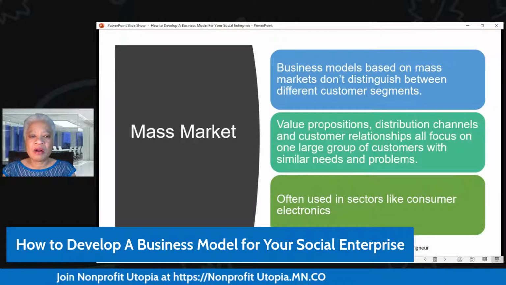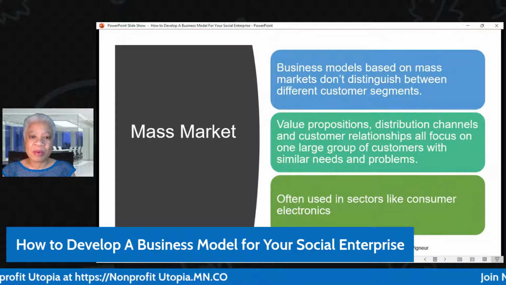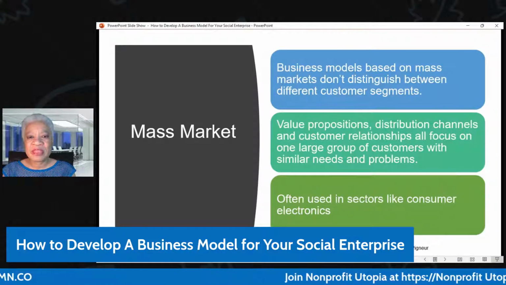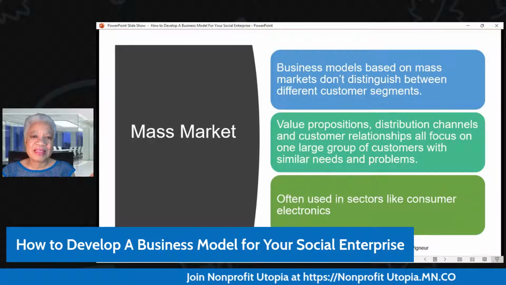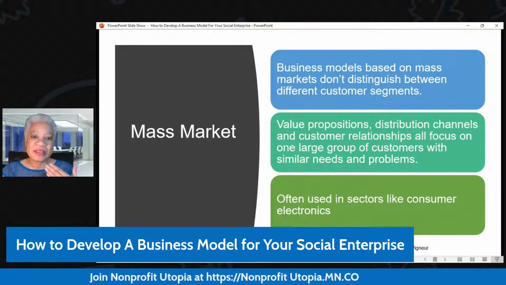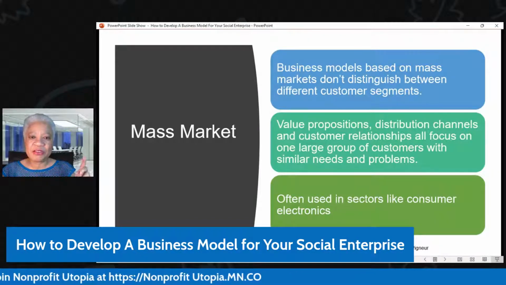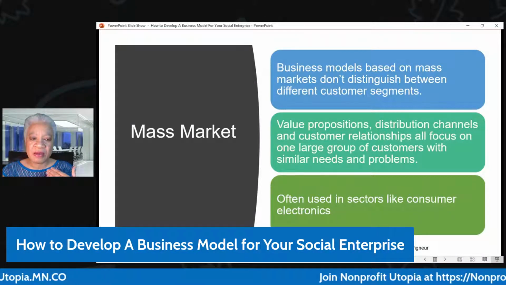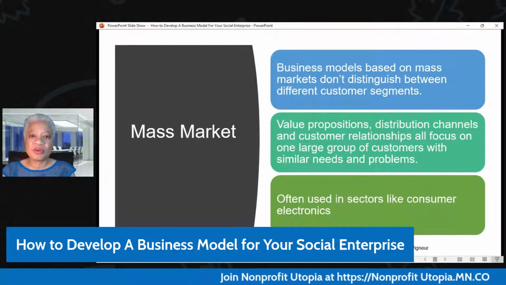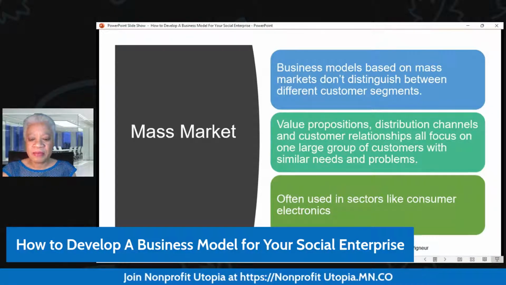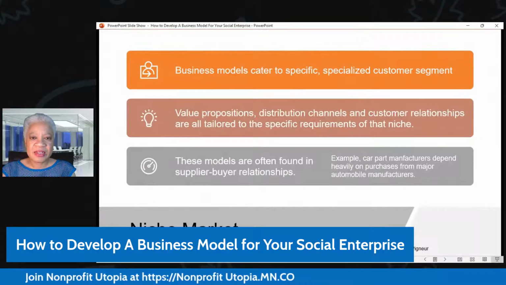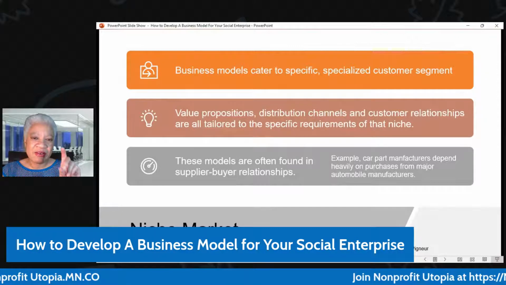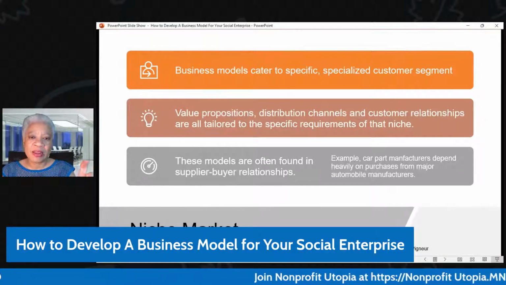Typically, you are looking at the market itself, not necessarily differentiating customer segments, because most people at a basic level might have the same desires or uses out of this type of product. So this could be used in consumer electronics, right? Then there's another approach where we're looking at the niche market, right? We're looking at a very specialized market.